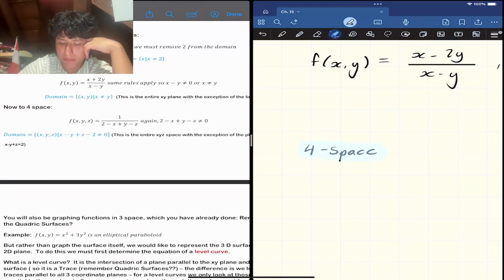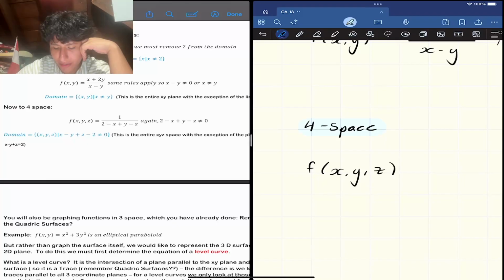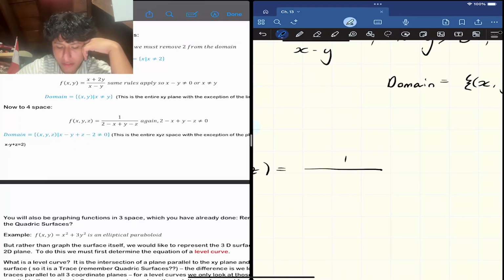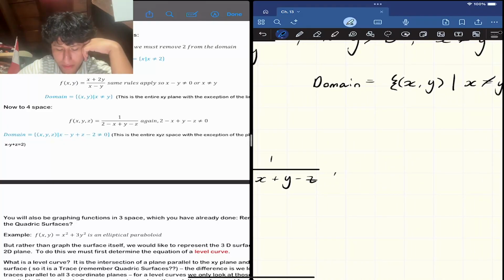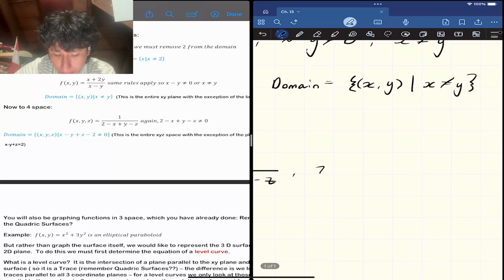So for 4-space. In this case, we're going even further. Our function now has x, y, and z. Next thing you know, we'll have the whole alphabet. So we have some function where it's 1 over 2 minus x plus y minus z, where again that denominator really can't be equal to 0. Where 2 minus x plus y minus z cannot be equal to 0.